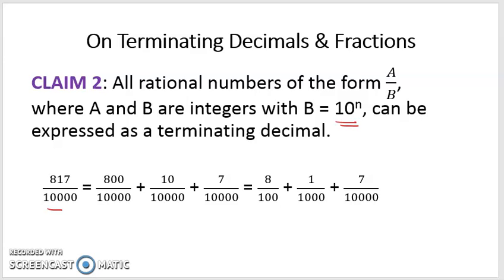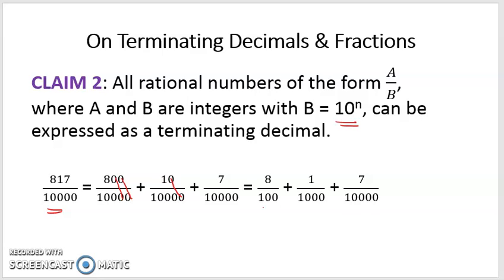So here's an example. 817 over 10,000. What you can do again is write the numerator in expanded form. That's 800 over 10,000 plus 10 over 10,000 plus 7 over 10,000, and then reduce. So 800 over 10,000, if I divide the top and bottom by 100, is 8 over 100. 10 over 10,000 is 1 over 1,000. 7 over 10,000, well, you can't reduce that anymore.